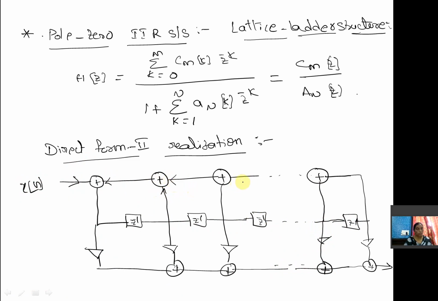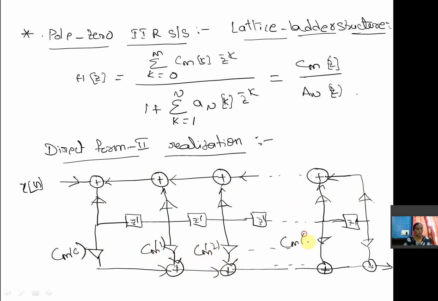So now if you have any doubts, just check that one. For recalling only, here I am drawing like this. Okay, right? So this is nothing but Cm of 0, this is Cm of 1, and this is Cm of 2, and so on.